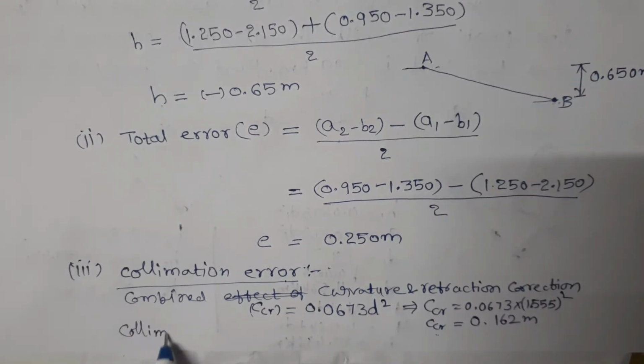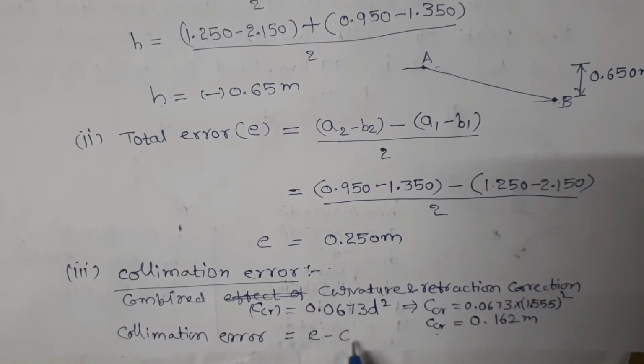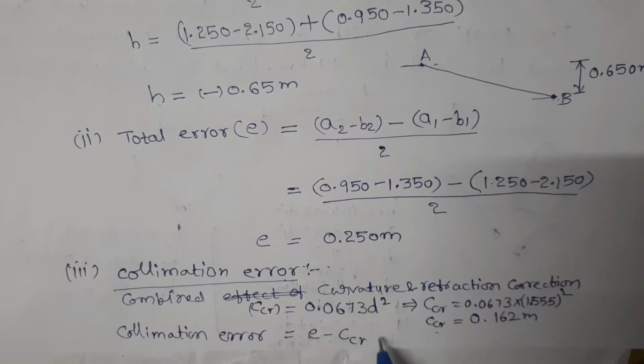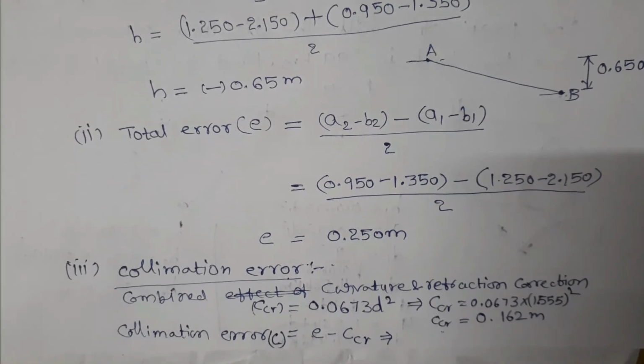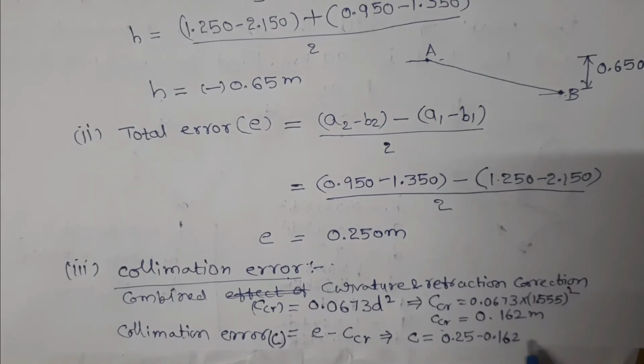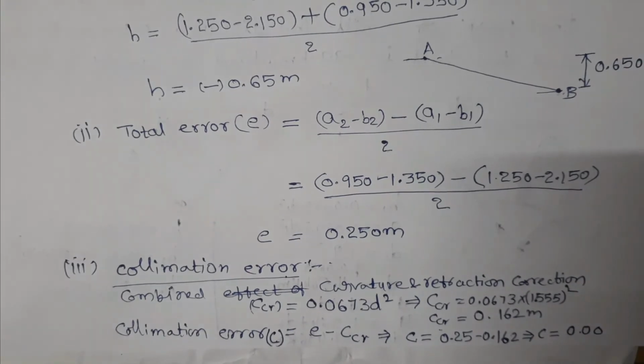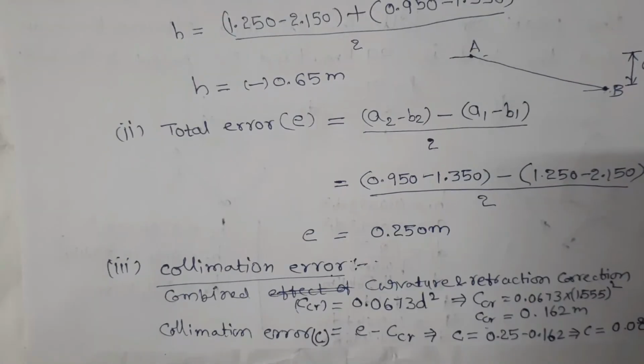Collimation error is equal to total error minus correction due to curvature and refraction, which is 0.25 minus 0.162. C is equal to 0.088 meters.